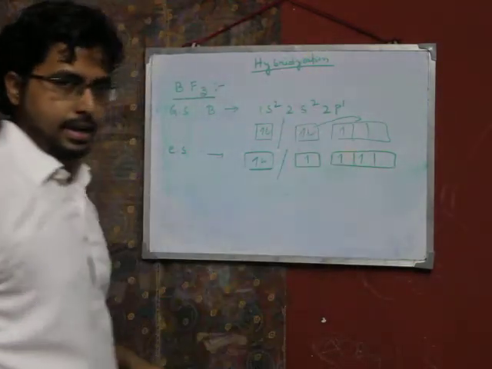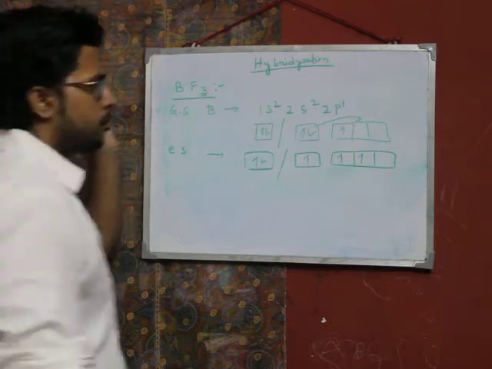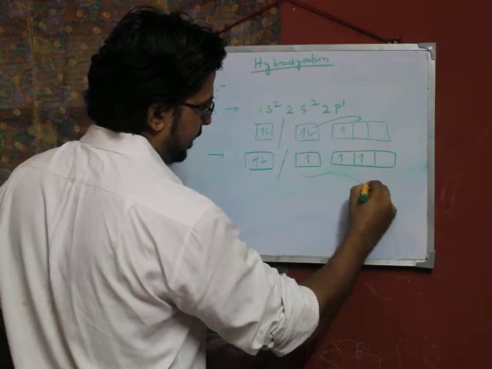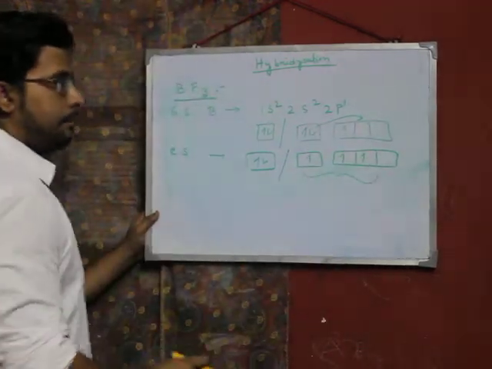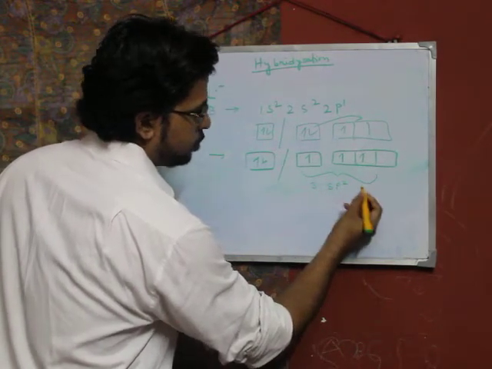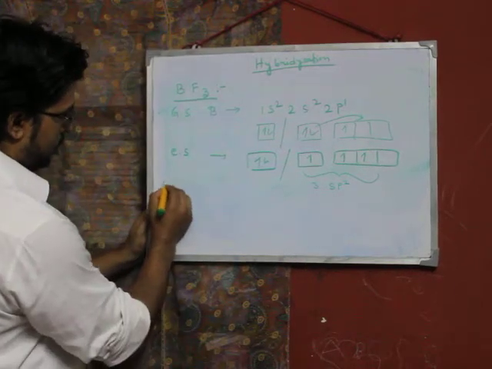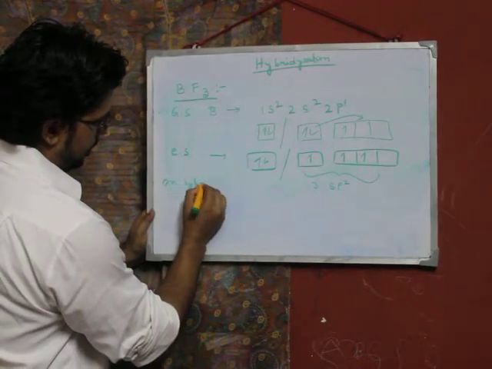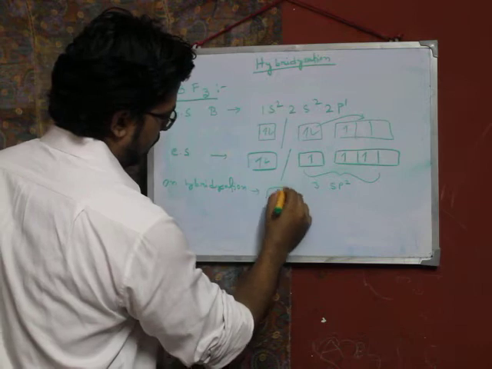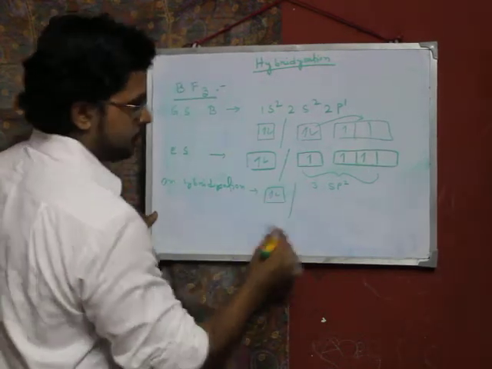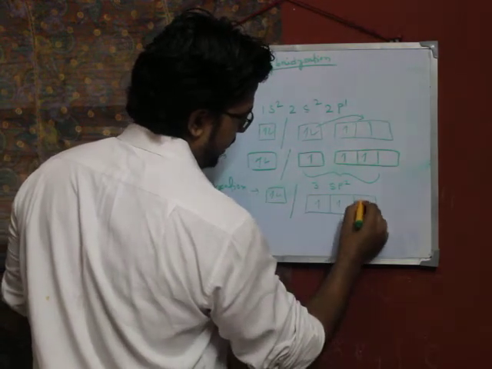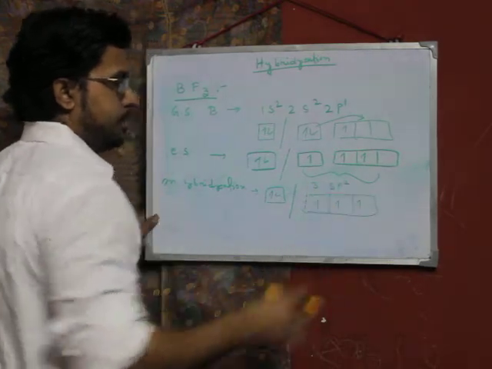And we get three unpaired electrons, right? Now on hybridization, one 2s orbital and two 2p orbitals combine to form three sp2 hybrid orbitals.